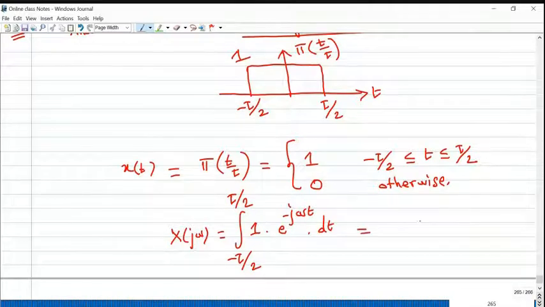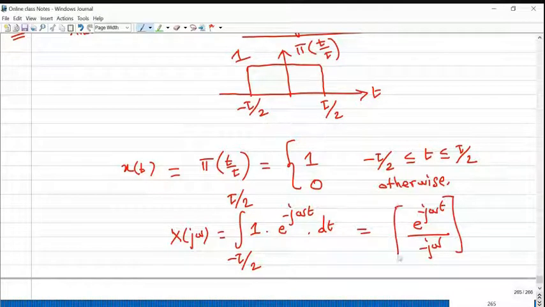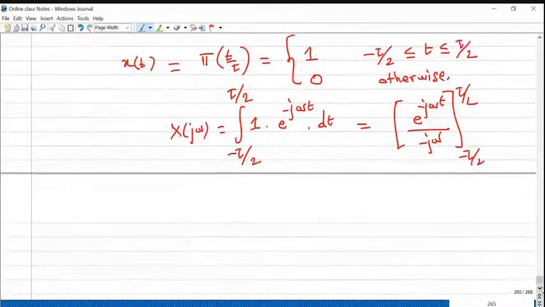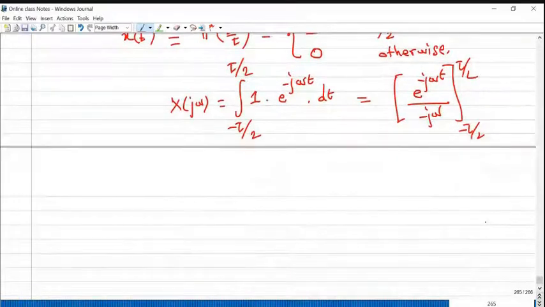Okay, integrate: e power minus j omega t divided by minus j omega. You substitute minus tau by 2 to tau by 2 and simplify the result and write it down. So e power minus j omega tau by 2.